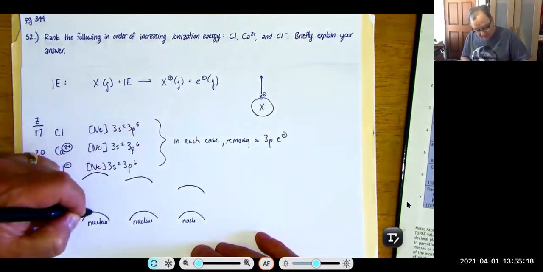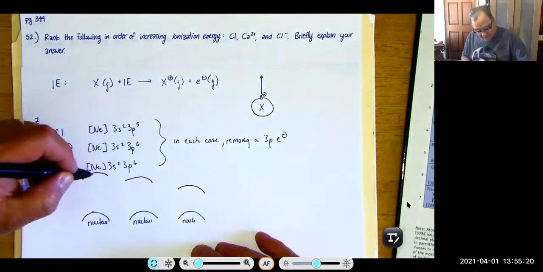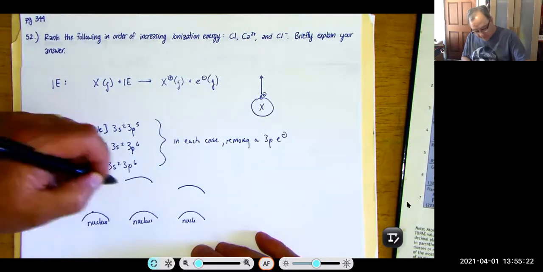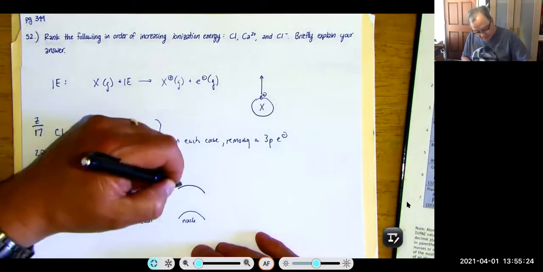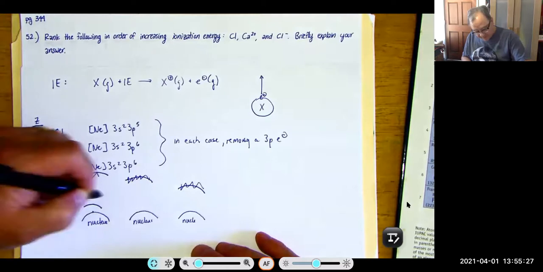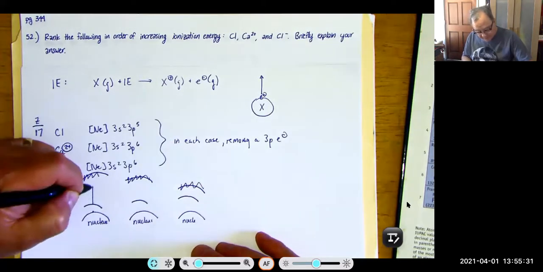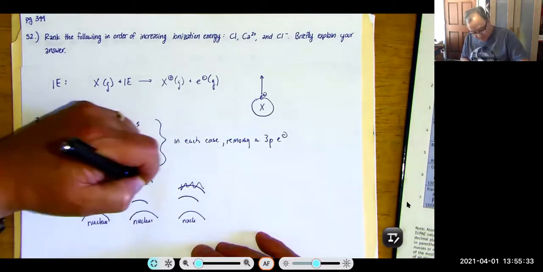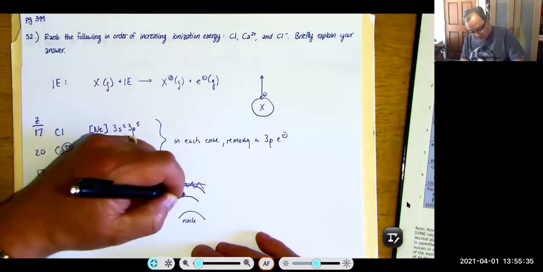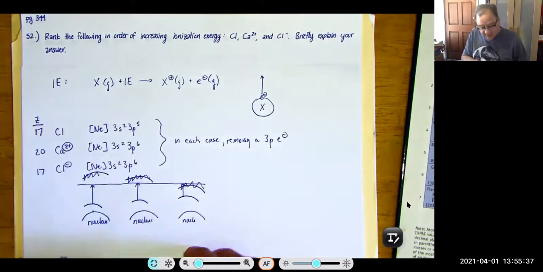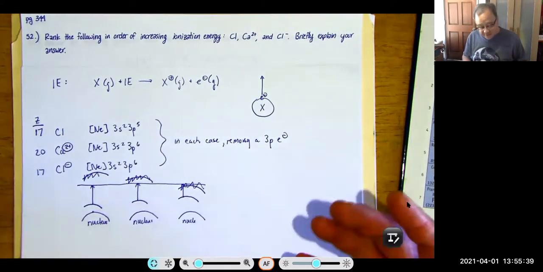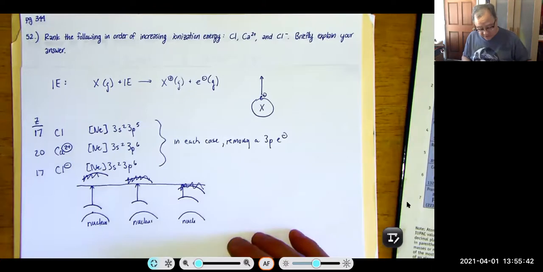Actually, I'm going to redraw this. I'm going to cross all these out. And we're going to do this versus this versus this. So here, if we take this to infinity, or this to infinity, or this to infinity, this arrow kind of represents the amount of energy it takes to remove the electron.